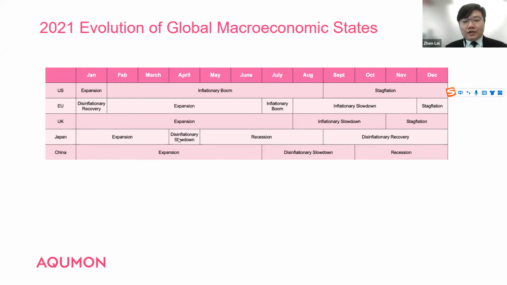Japan is another story. The economic growth for Japan was quite low in the last 30 years. Therefore, although it printed a lot of money after the outbreak of COVID-19, it still went into recession during 2021, and now it is in a state of disinflationary recovery.